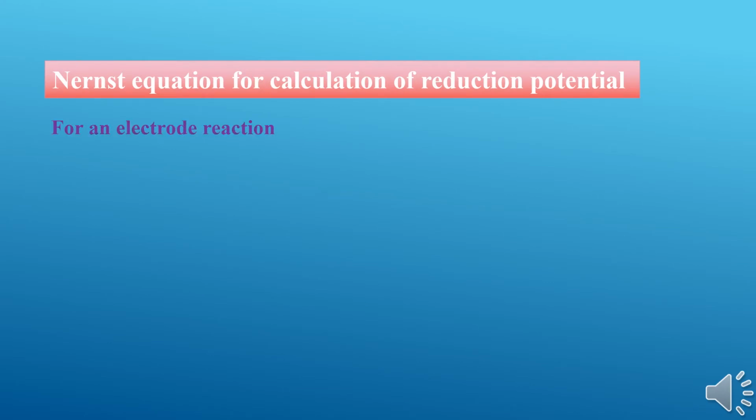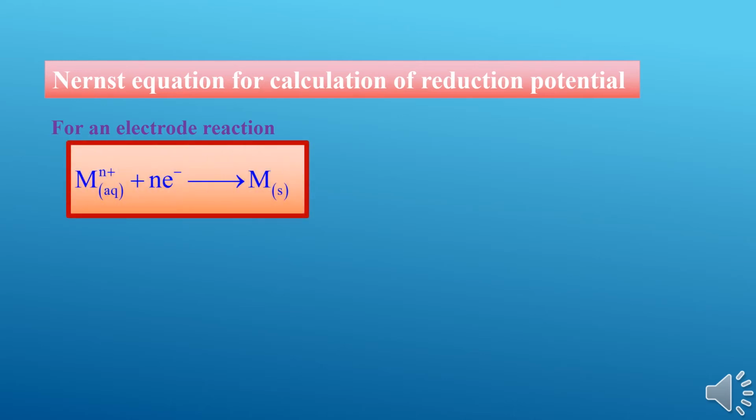For an electrode reaction, M^n+ plus n electrons gives M. Here is the reduction of M^n+ to M. For this reaction, we are going to calculate the reduction potential.